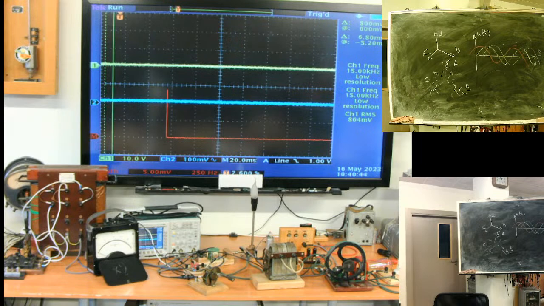Demo. Oh, this one. Here is my demo object.